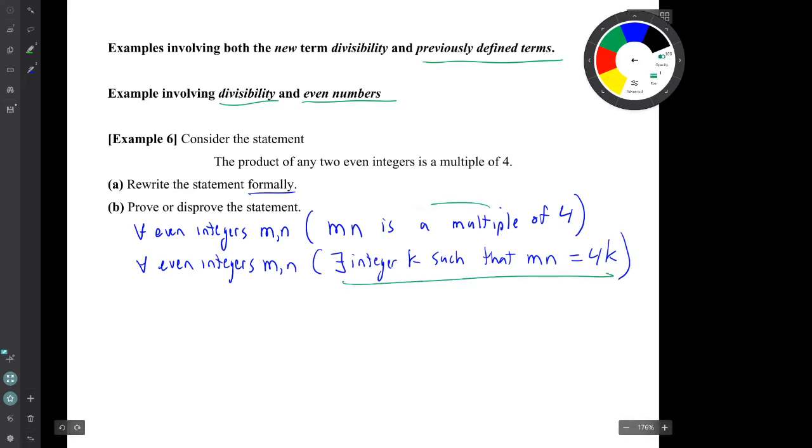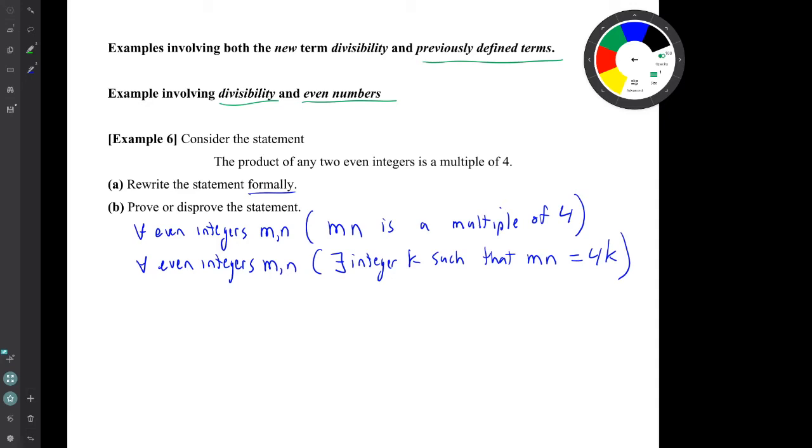In writing the statement formally, we've also unpacked that definition. We've written what it means to say that something is a multiple of 4. So we no longer have the term multiple of. We just have this phrase which means the same thing. So there's our statement. We need to prove or disprove that.